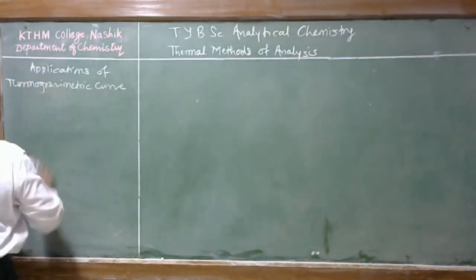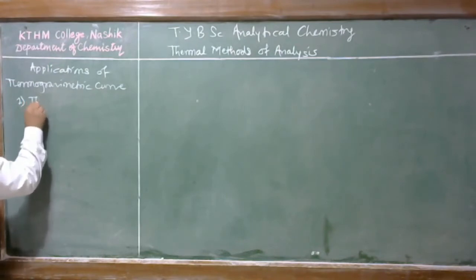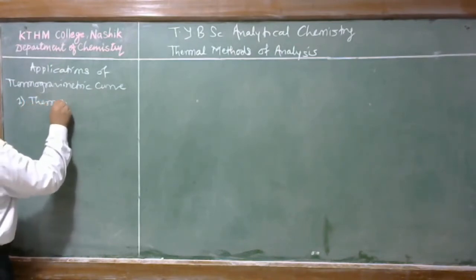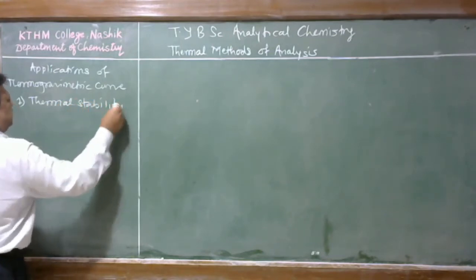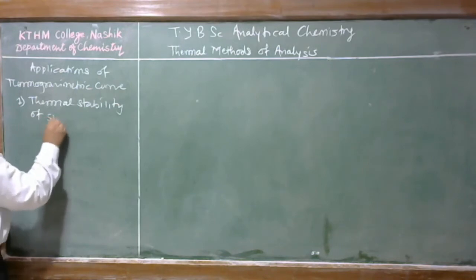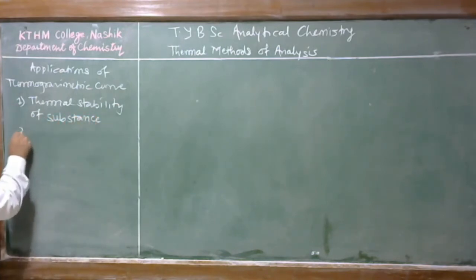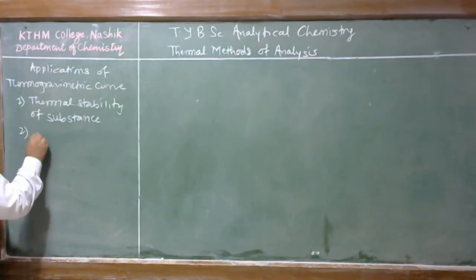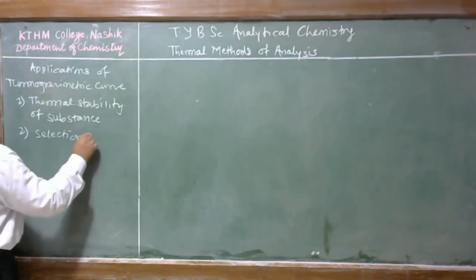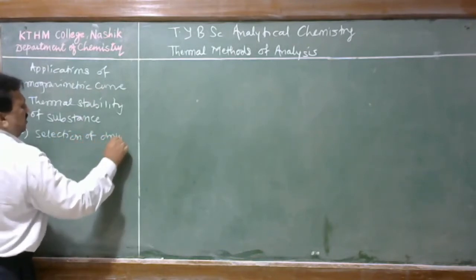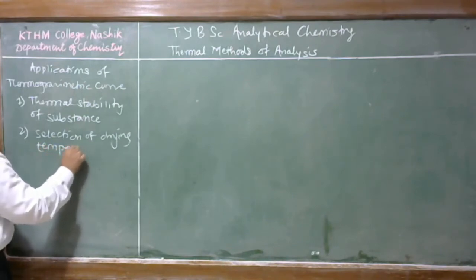Among the applications of the thermogravimetric curve, we already discussed number 1, determination of thermal stability of the substance. Secondly, we can discuss the selection of drying temperature on the basis of thermal stability of the substance.